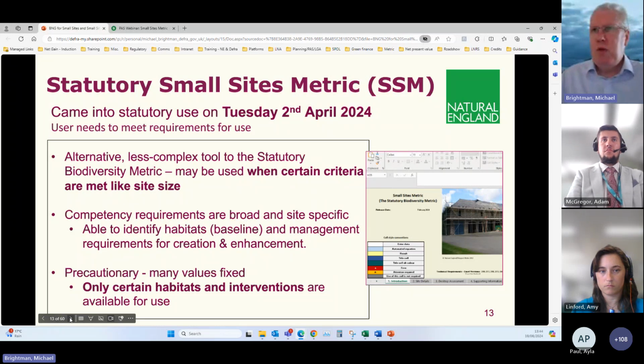In short, the competent person needs to be able to correctly identify habitats present at baseline and know the management requirements for any creation or enhancement of habitats post-development. The small sites metric has a precautionary approach with many of the values fixed, and only certain habitats and interventions are available for use.